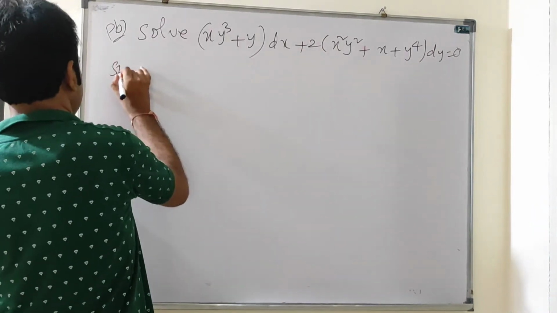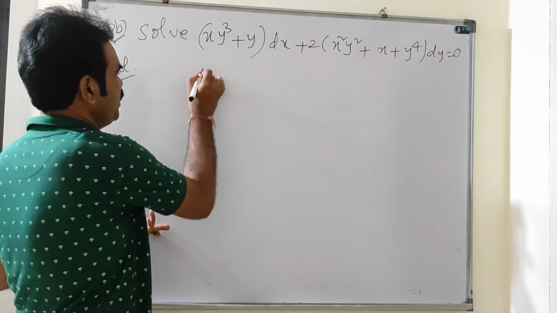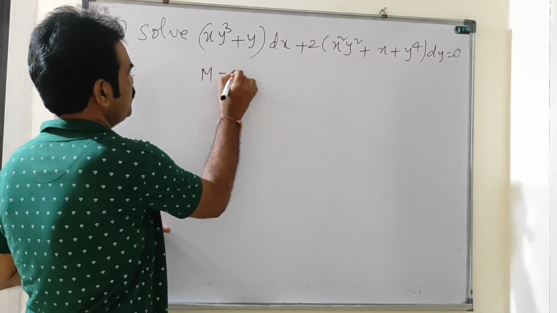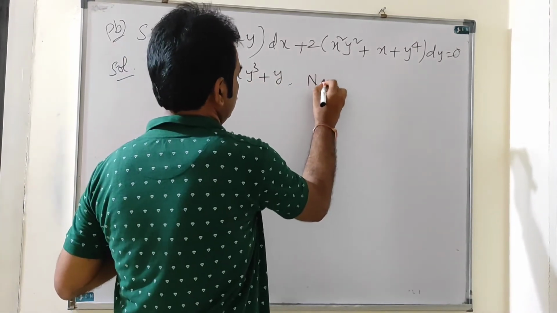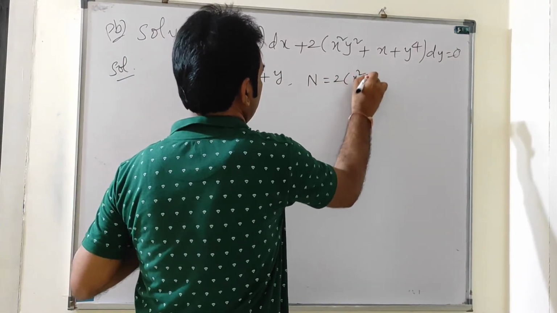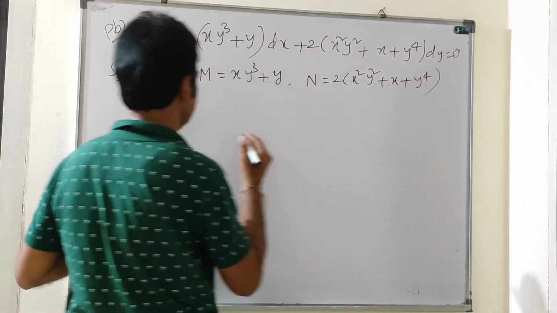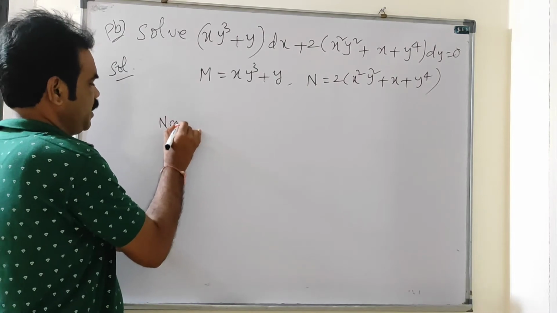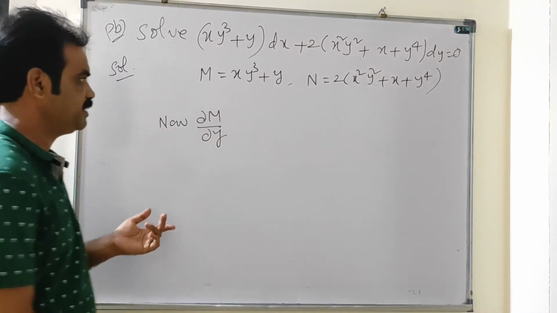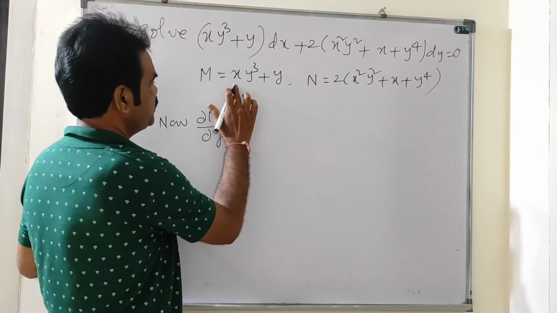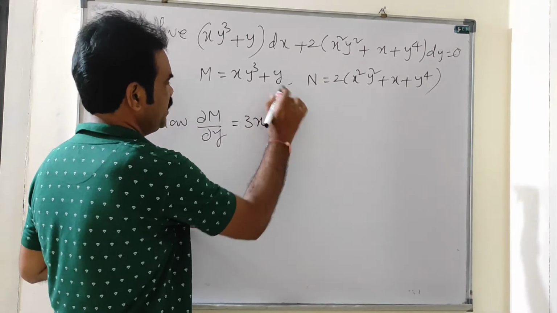See the solution. It is in the form M dx plus N dy equal to 0, where M equals x y cube plus y and N is 2 (x square y square plus x plus y power 4). Now dou M by dou y, the partial derivative of M with respect to y treating x as constant, is 3x y square plus 1.